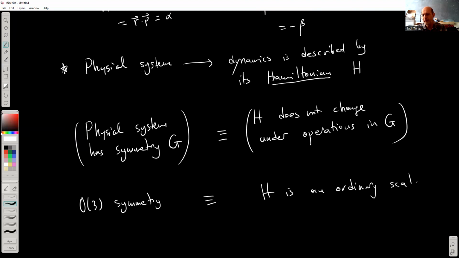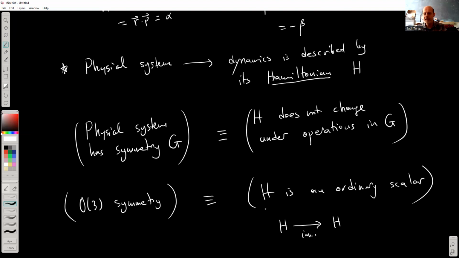It's not a vector, obviously, so the Hamiltonian is a scalar quantity, but it's actually an ordinary scalar. That means under rotations, obviously, it doesn't change, but under inversion too, it doesn't change sign. So it's going to remain the same.